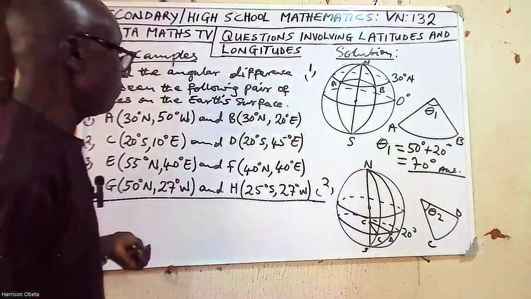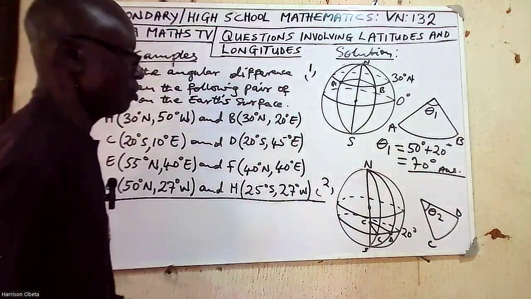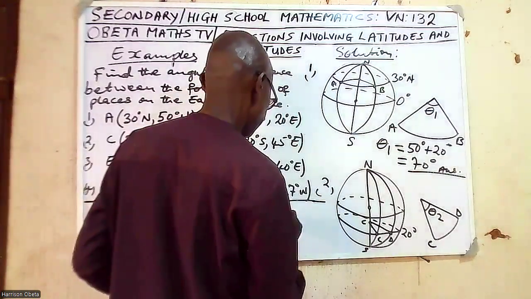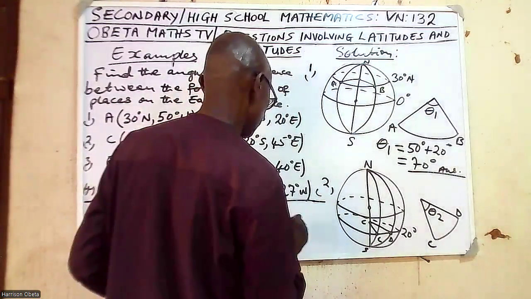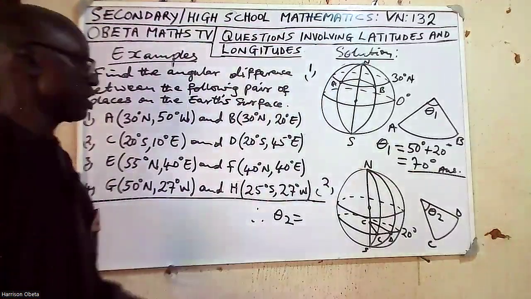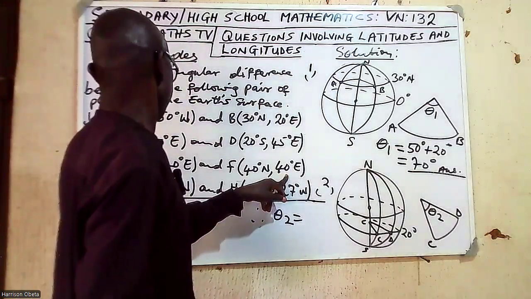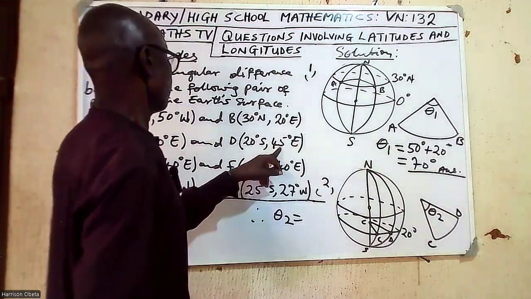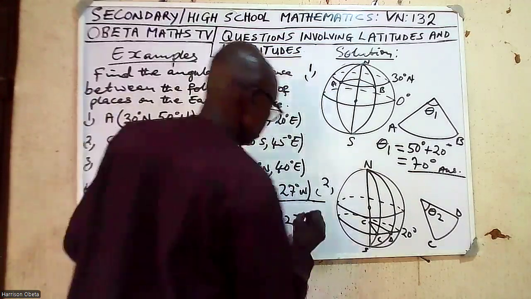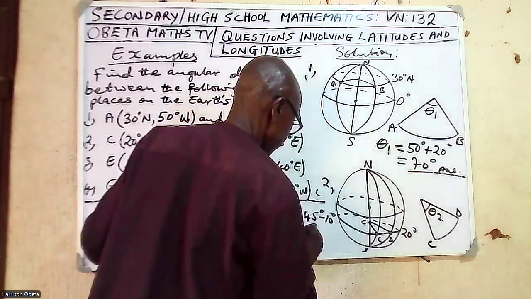We said that if we have east and east, it should be minus. So to get the angular difference, theta 2 should be equal to, you subtract the smaller from the bigger. So that should be 45 degrees minus 10 degrees.